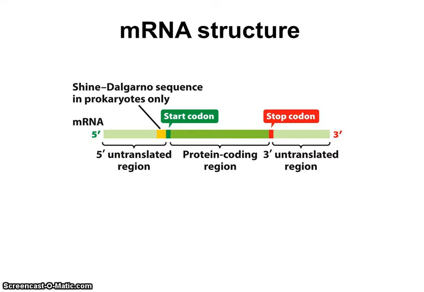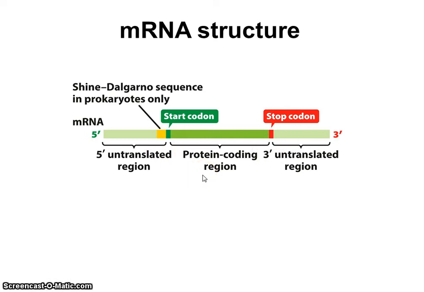So in prokaryotes, we have an mRNA structure that includes regions that are not translated. This is the mRNA that comes off of the gene. We have a region that doesn't get translated at all at the 5' end and at the 3' end, and these are called 5' and 3' untranslated regions, or UTRs. We then get a sequence in the middle that is translated.